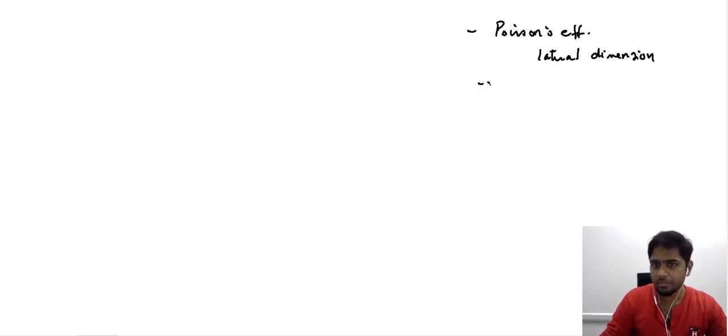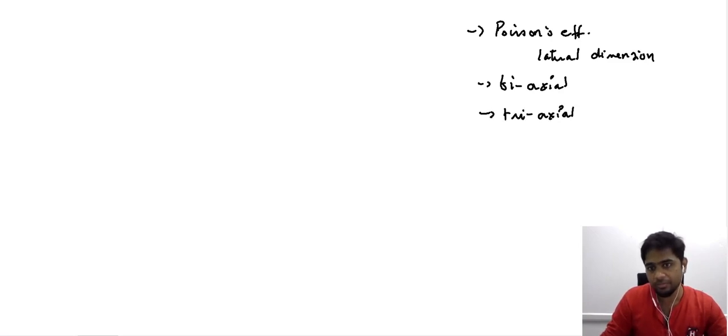Now secondly, we were also able to consider a more complex form of mechanical condition when compared to the uniaxial tensile loading. This we refer to as the biaxial tensile loading, and we also moved away from biaxial tensile loading in our previous lecture to tri-axial tensile loading.